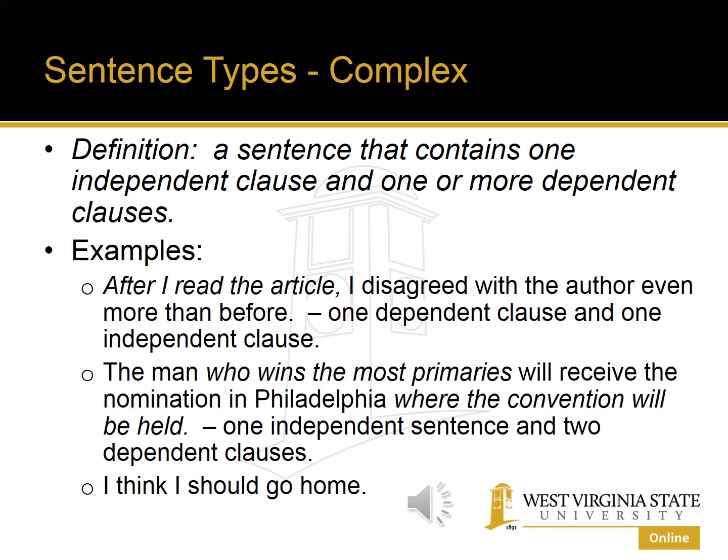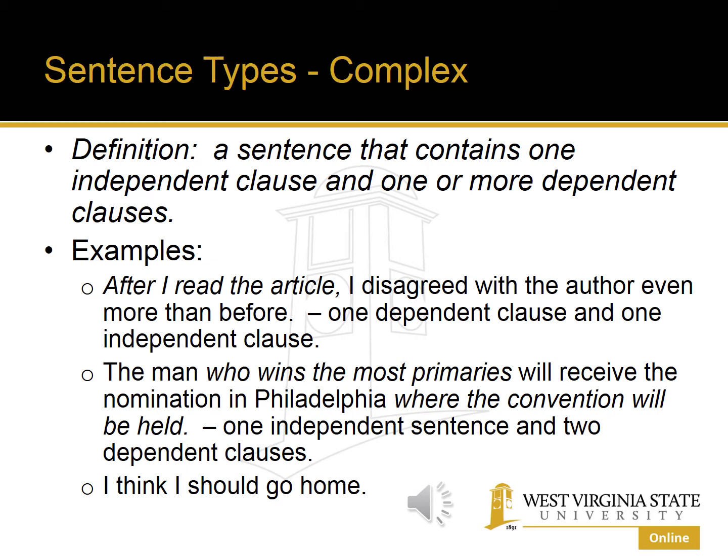After I read the article, comma, I disagreed with the author even more than before. Here we have a main clause, I disagreed with the author even more than before. And we have a dependent clause, after I read the article. It starts with a subordinating conjunction, after.